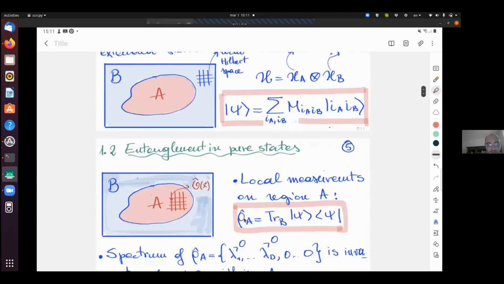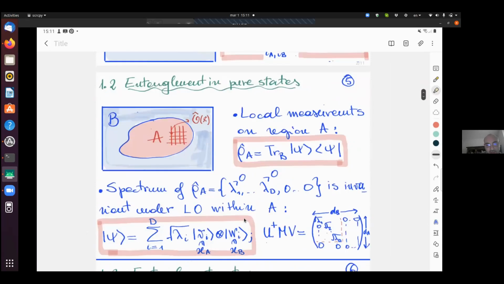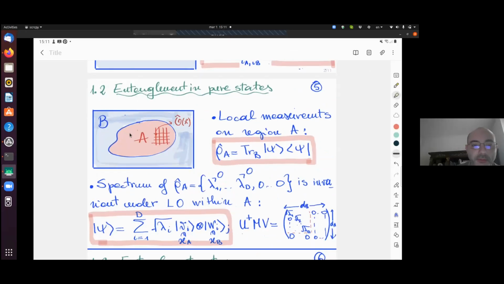So what is entanglement? Let me define it in the usual way. Imagine an observer, or an experimentalist, that can access only region A. He does not know that region B exists, or for him it is impossible to access it.